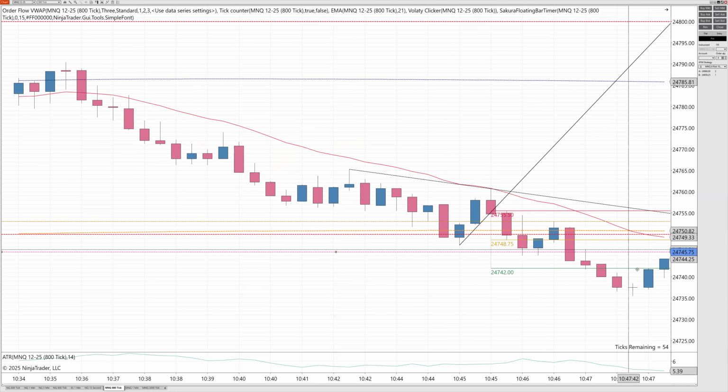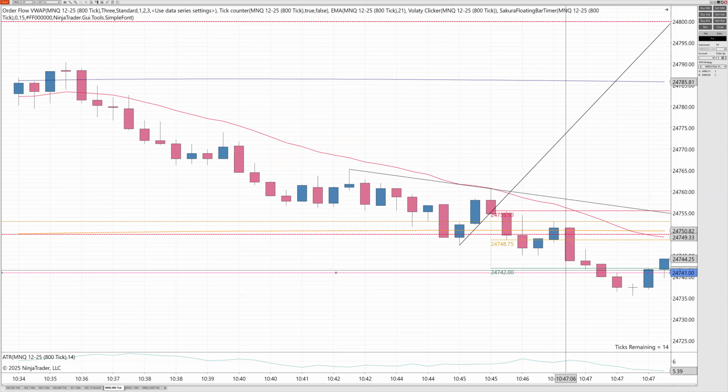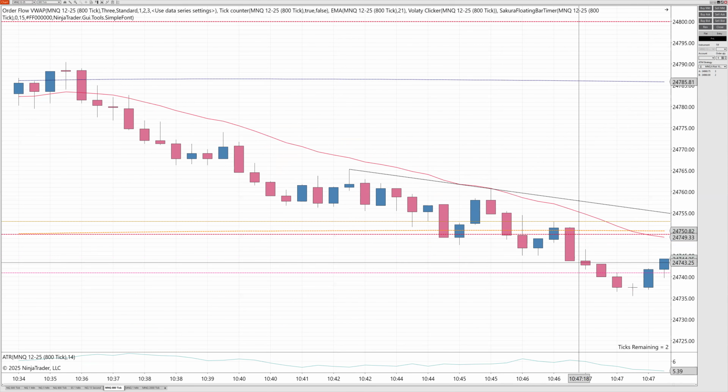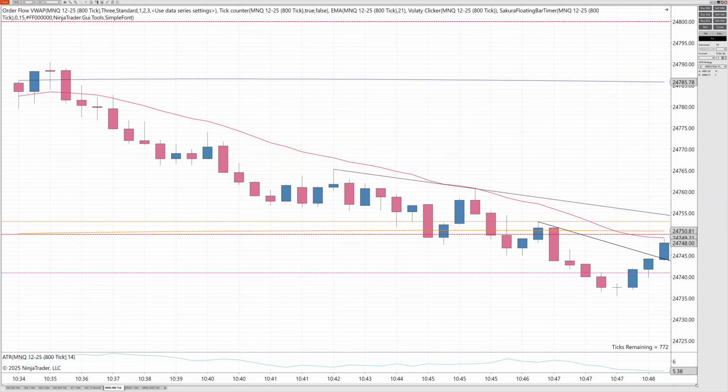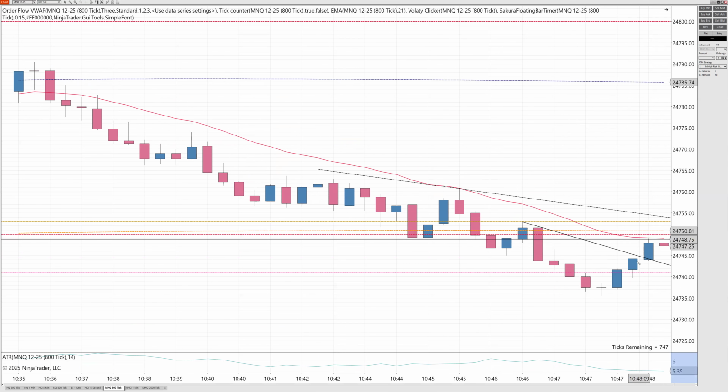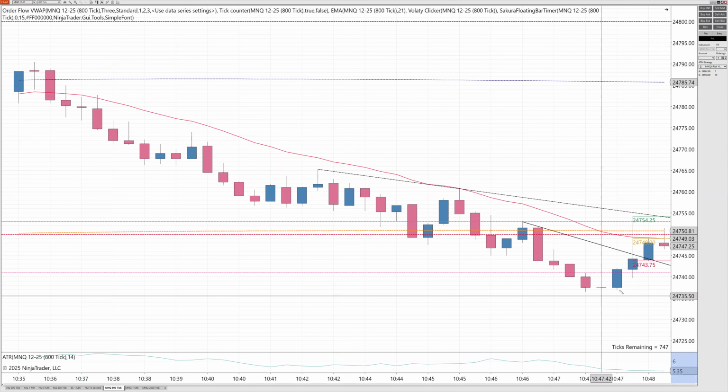All right, the runner was taken out right there. This candle took it out. Let's draw the immediate downward trend line right here. This constitutes a signal candle to go north, but we have all this resistance over our heads. So we're just going to mark it and not take it.